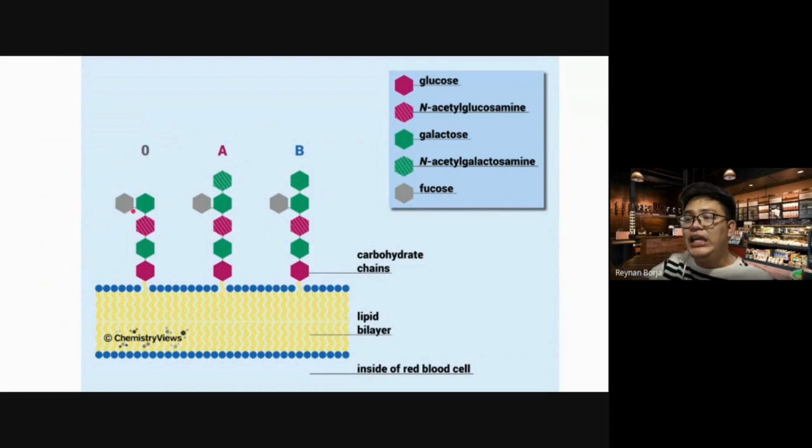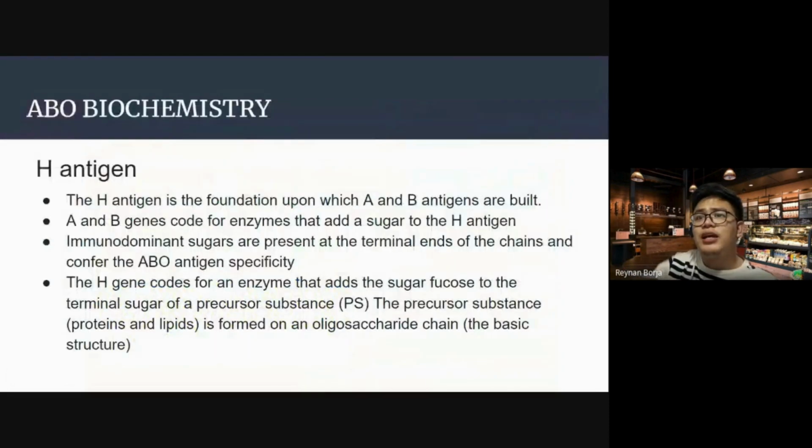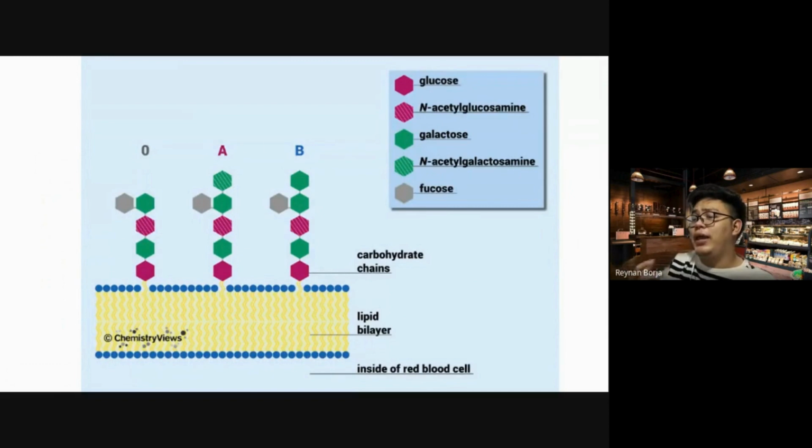But technically, all of the blood groups na normal is may H antigen. Kasi nga, di ba sabi ko, this is your foundation ng ating blood group A and blood group B. So technically, si O, meron nito. Okay? Naintindihan po yung sinabi ko about sa L-fucose and H antigen. So technically, all blood groups, merong H antigen. Merong L-fucose.